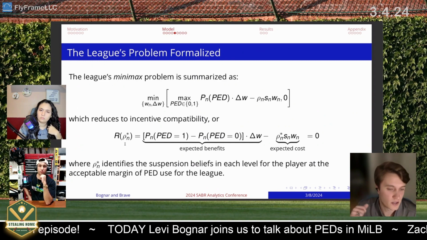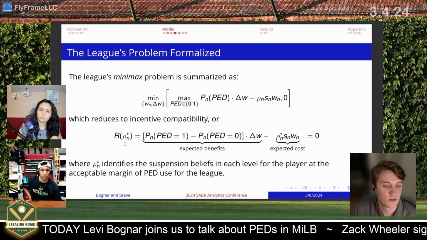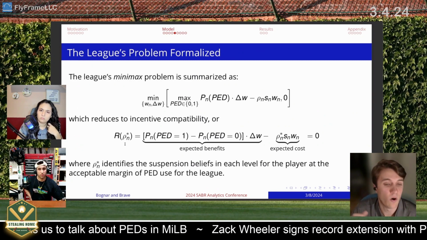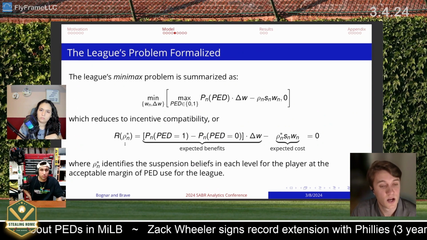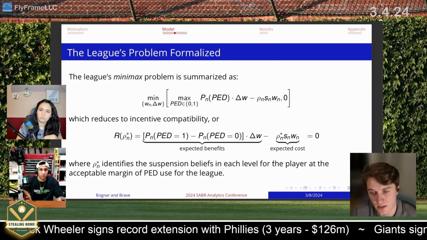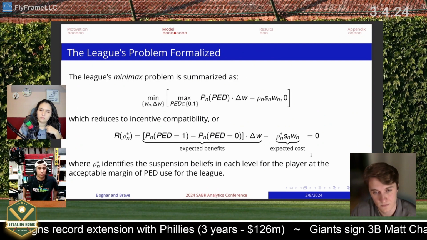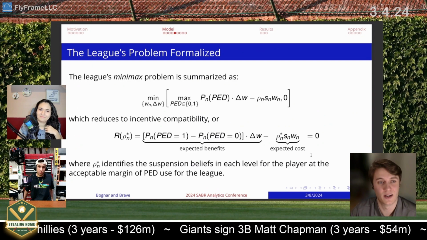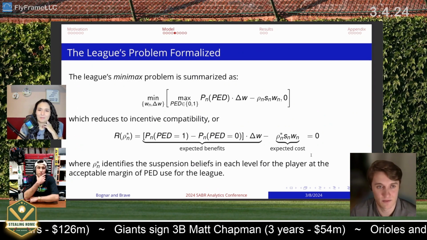The rho star highlights the equilibrium suspension beliefs, or the suspension beliefs of the player whose expected benefits to PED use are equal to the expected cost of PED use. Now, that might not make a lot of sense, but I hope that the next slide will clear this up.